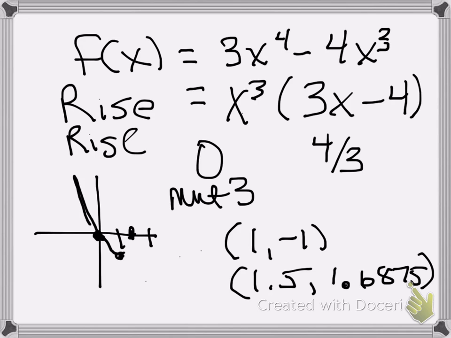Okay, so at 1.5. Then you're going to be up some, so you know you're above the axis there. So it just kind of makes a funny little curve right there and goes back up. Okay, so that's kind of odd. Look at it in your calculator and compare it. But that's how we take a polynomial function of higher degree and we decide kind of what the graph's going to look like. It's a little bit different.